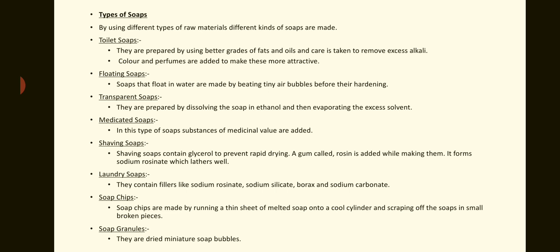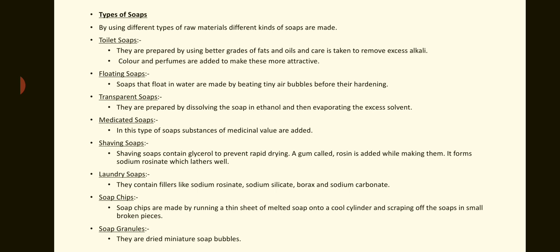Now, types of soaps. Classification of soaps. By using different types of raw material, different kinds of soaps are made. For example, toilet soap. They are prepared by using better grades of fat and oils, and care is taken to remove excess alkali, meaning KOH or NaOH.